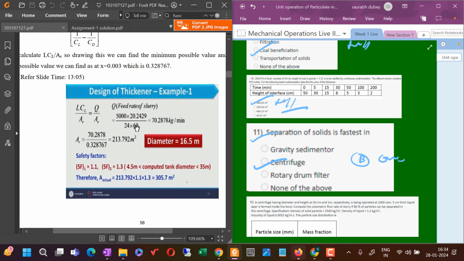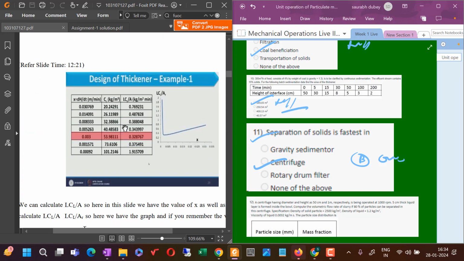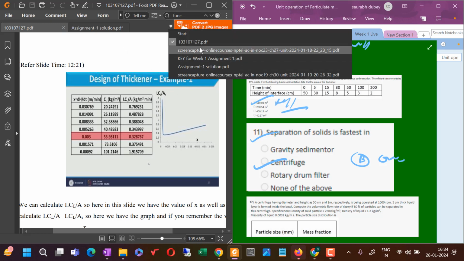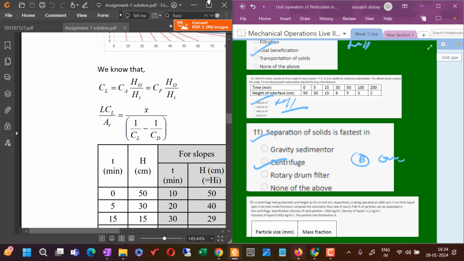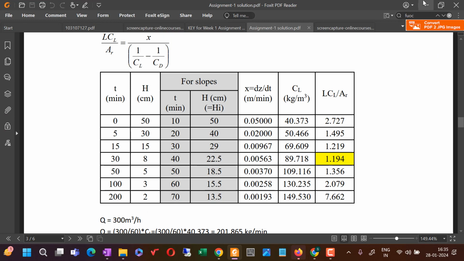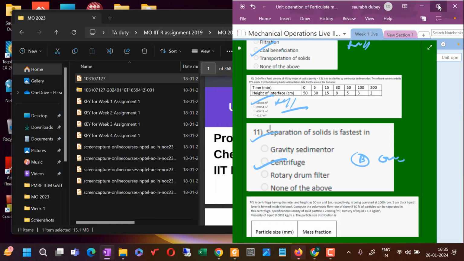So LCL by AR, Q by AR, from there you calculated AR, and this was the curve for LCL by AR that can be plotted, but in our case we directly saw that 1.194 was the largest value for the same.